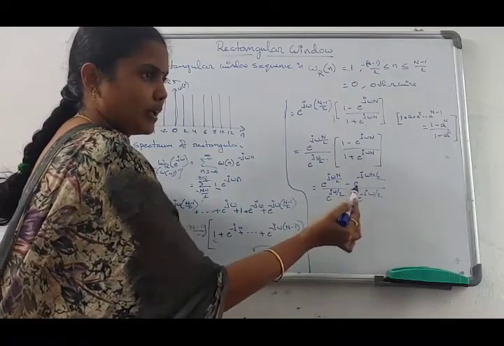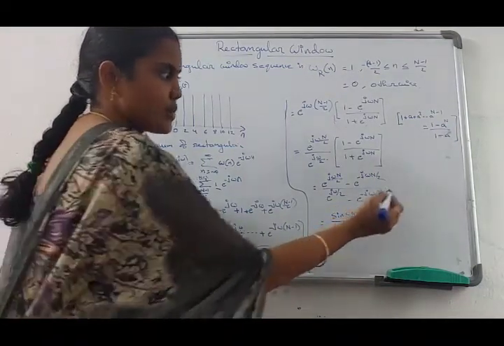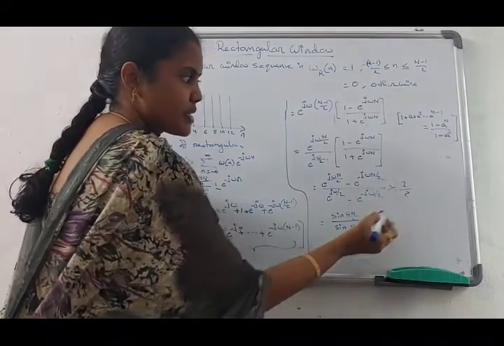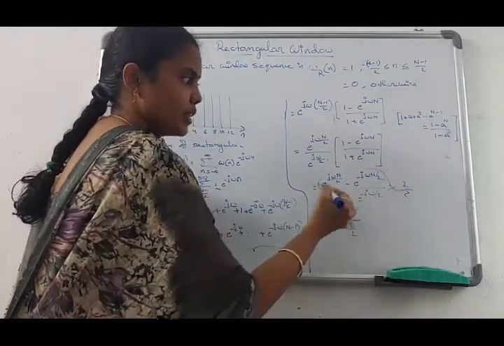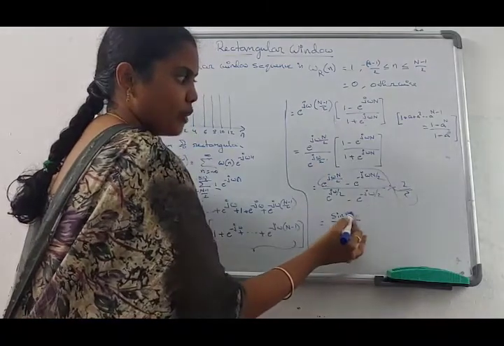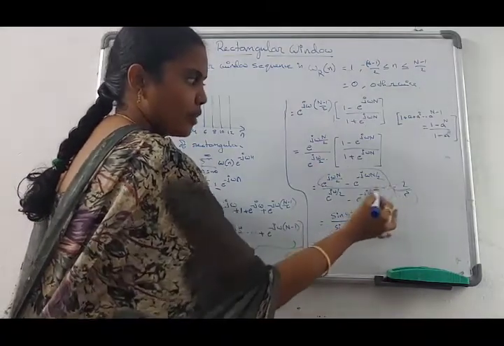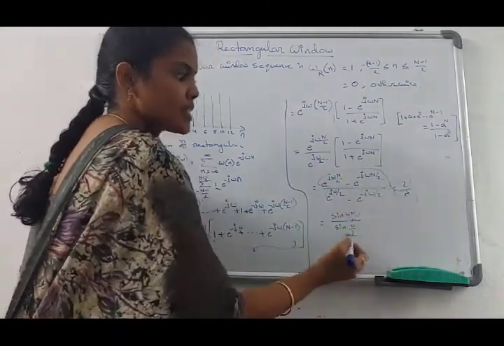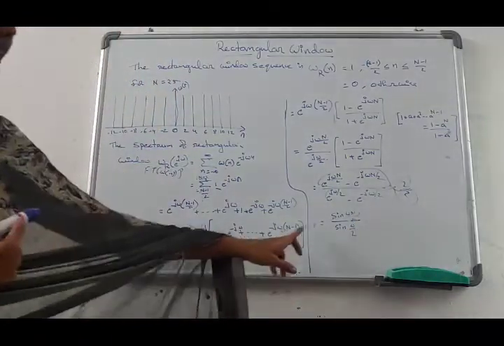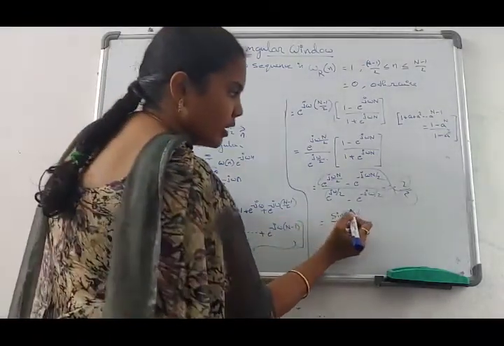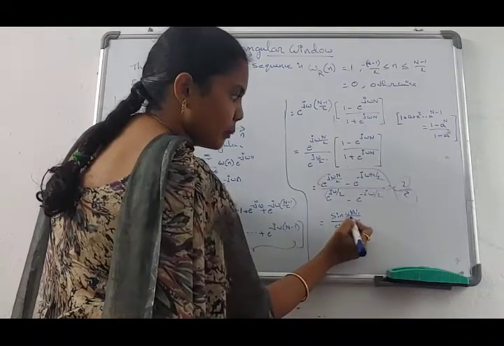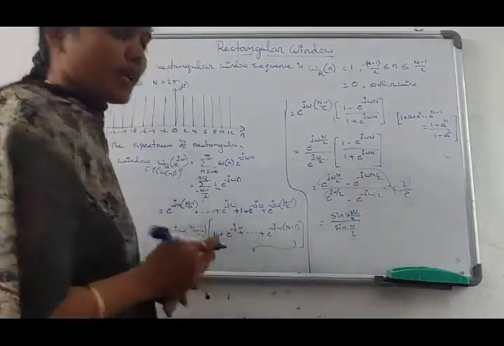Now multiply and divide by 2. The numerator is sine omega N by 2, and the denominator is sine omega by 2. So you can write it as sine omega N by 2 divided by sine omega by 2.